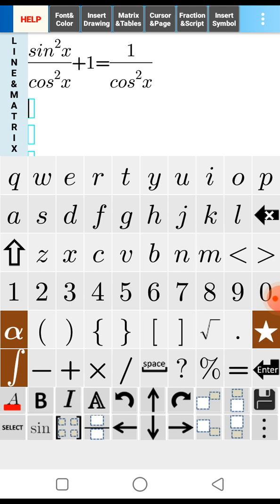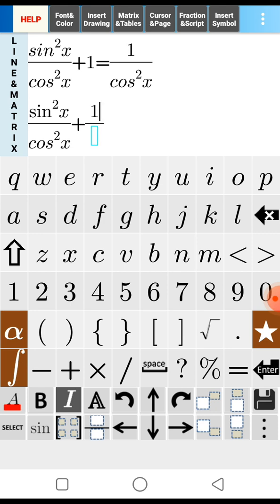Then we will have sine square x over cosine square x plus 1 over 1.